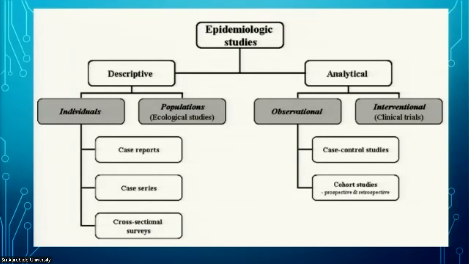And the population studies that are done are ecological studies. So basically the epidemiological studies are divided in descriptive, analytical, and experimental. Then we have in individuals case report, case series, and cross sectional surveys.